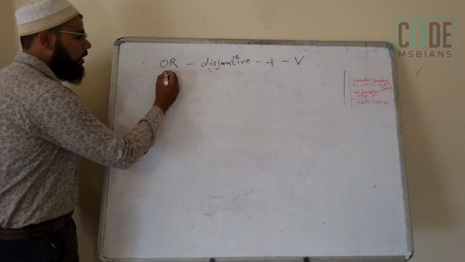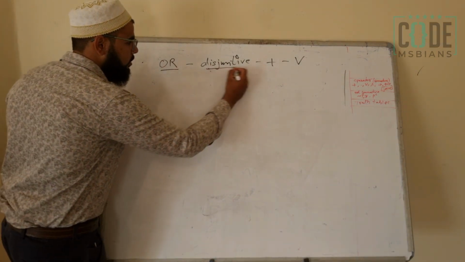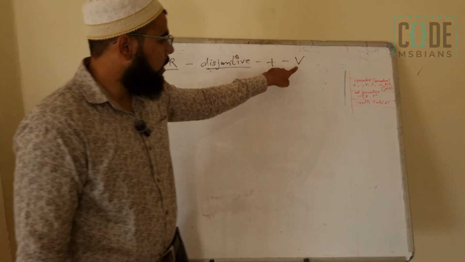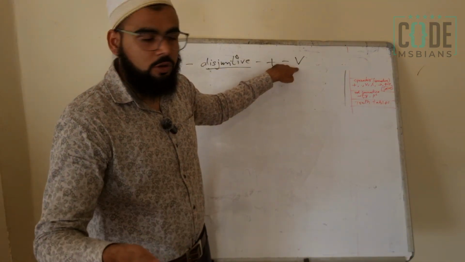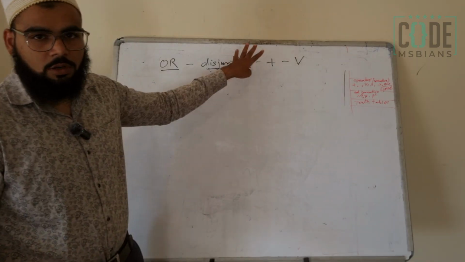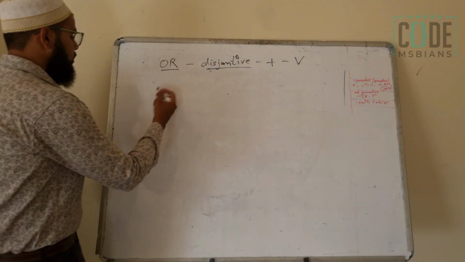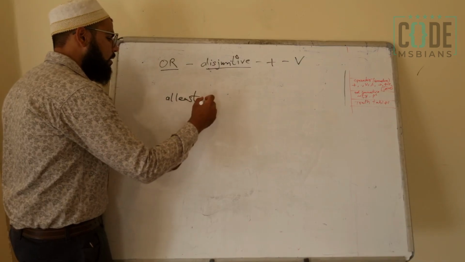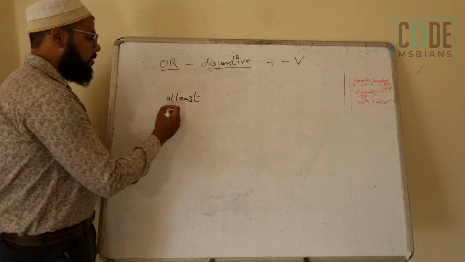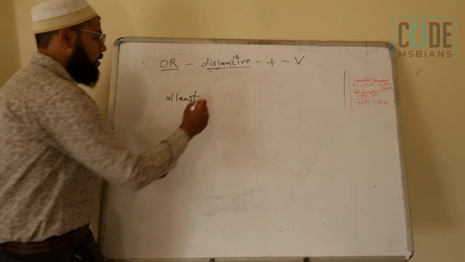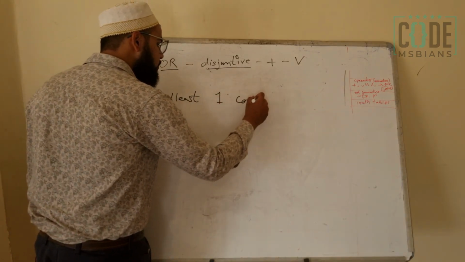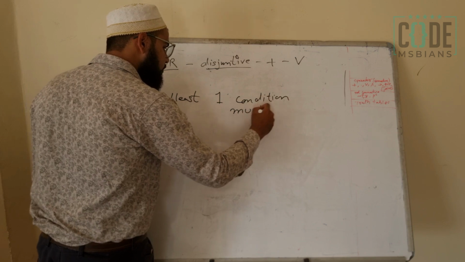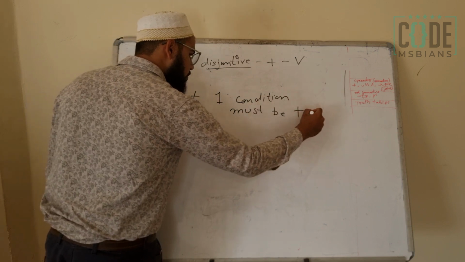Okay, so we already know that the OR operator, which is also known as disjunction, can be represented with the help of this plus sign, or you can have this sign, and we have the opposite of this, right? So this is OR. OR says that at least one condition must be true, right?